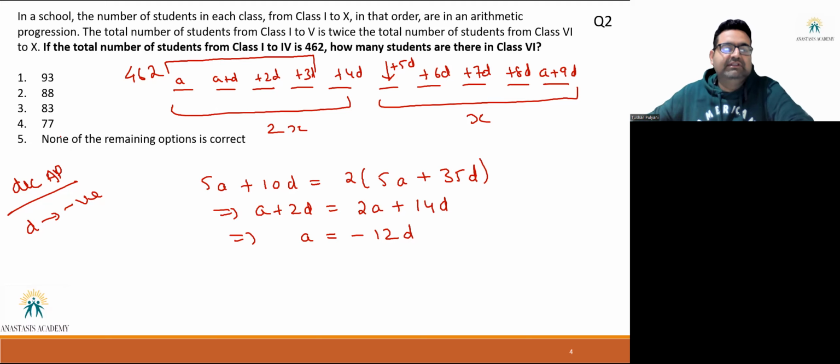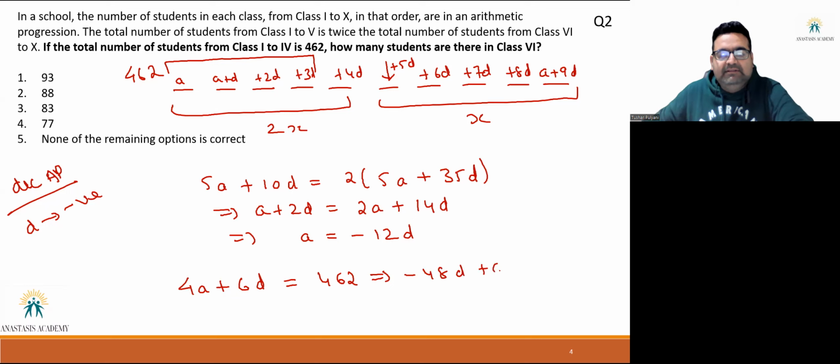So A is coming out to be minus 12D. Now I have to use this numerical value 462 given. 462 is the sum of the first 4, which is 4A plus 6D. Here I can directly put A as minus 12D, the 4A will be minus 48D plus 6D equals 462.